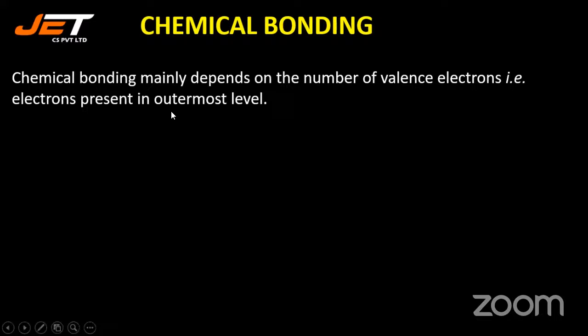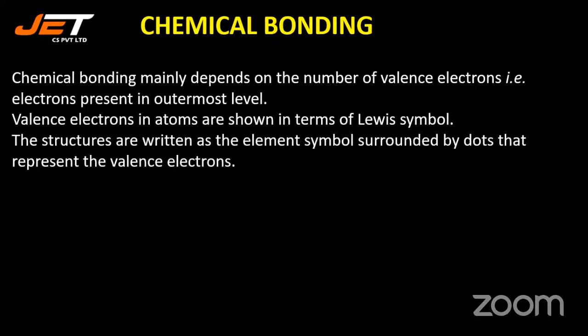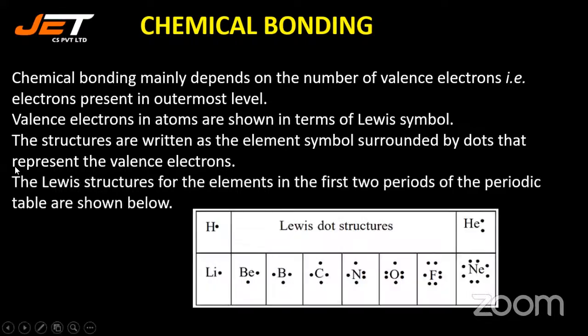Chemical bonding mainly depends on the number of valence electrons, that is, electrons present in the outermost shell. Valence electrons in atoms are shown in terms of a Lewis symbol. Structures are written as the element symbol surrounded by dots that represent the valence electrons.